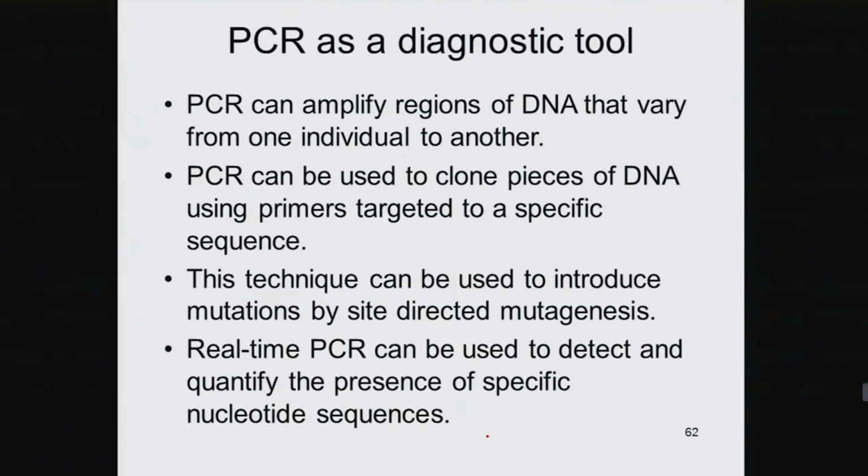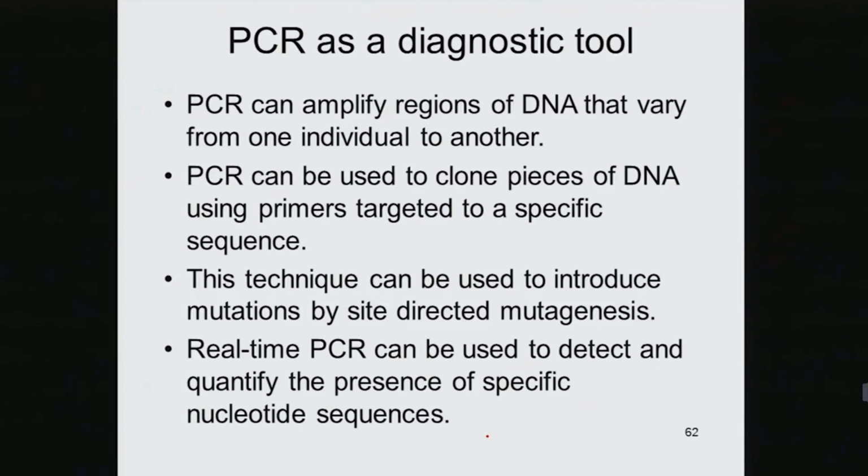So what is PCR good for? It's really a good diagnostic tool. It can definitely amplify regions of DNA that may vary from one individual to another. So we have variable regions on our chromosomes, which come in useful for identification purposes. We can use it to clone pieces of DNA if we use primers that are targeted to specific sequences.